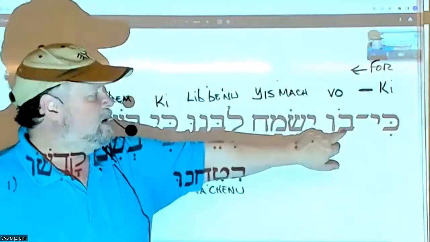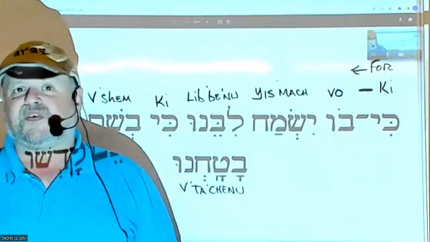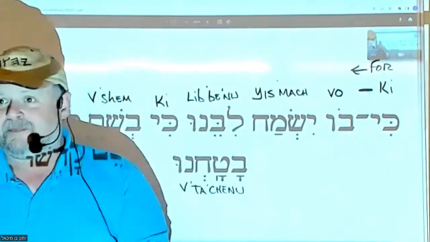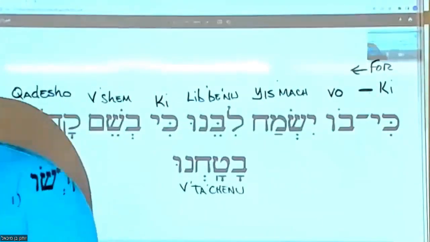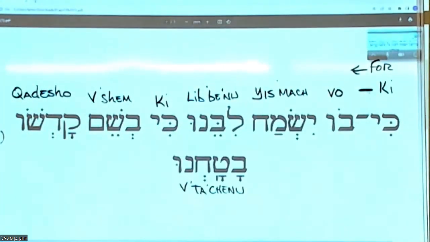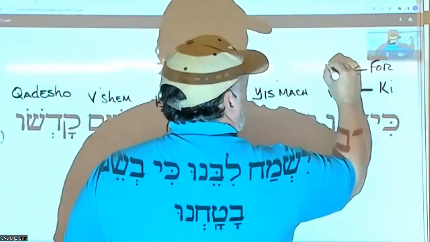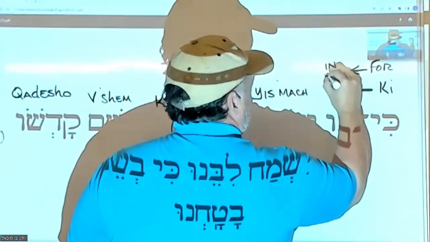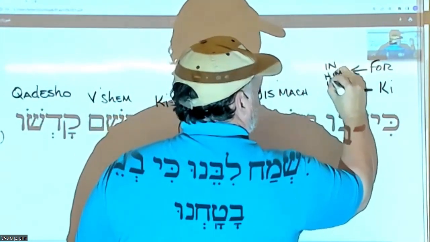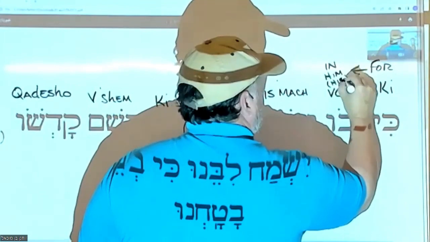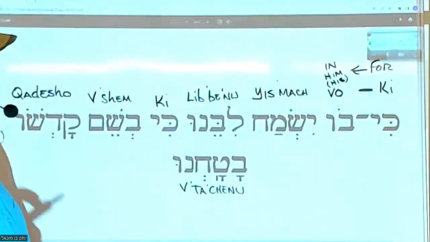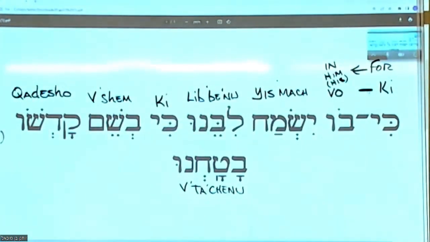In. And then o as a suffix means what? Him. So bo, in him. For in him, and see, that makes a lot more sense grammatically. In him or his. Okay, just remember that O means him or his.